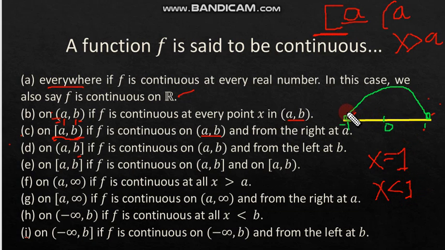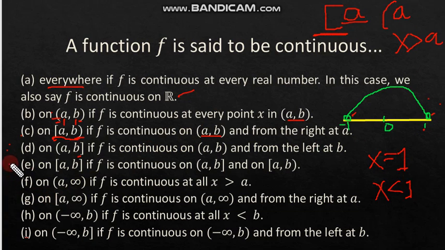So as we evaluate from a to b, we could say that our function is discontinuous because at exactly x equal to 1, our graph here is a hole or undefined.